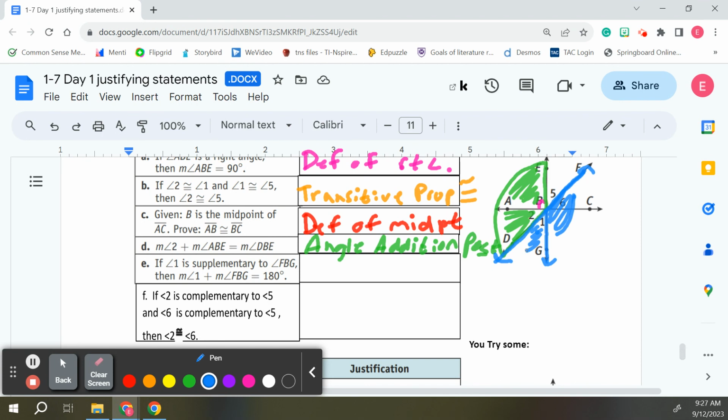They're not telling us it's a linear pair. Does that make sense? So it's something else. The keyword here is supplementary. What do we think? Definition of supplementary angles. Very good.